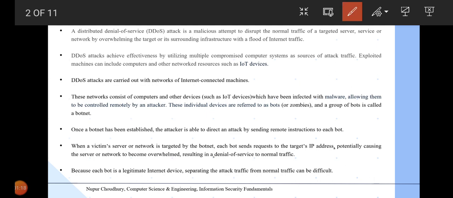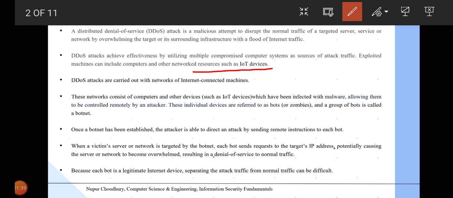Exploited machines can include computers and other network devices such as IoT devices. So network resources like Internet of Things devices, or IoT devices, are basically those devices which are connected via internet and they share some information amongst them.